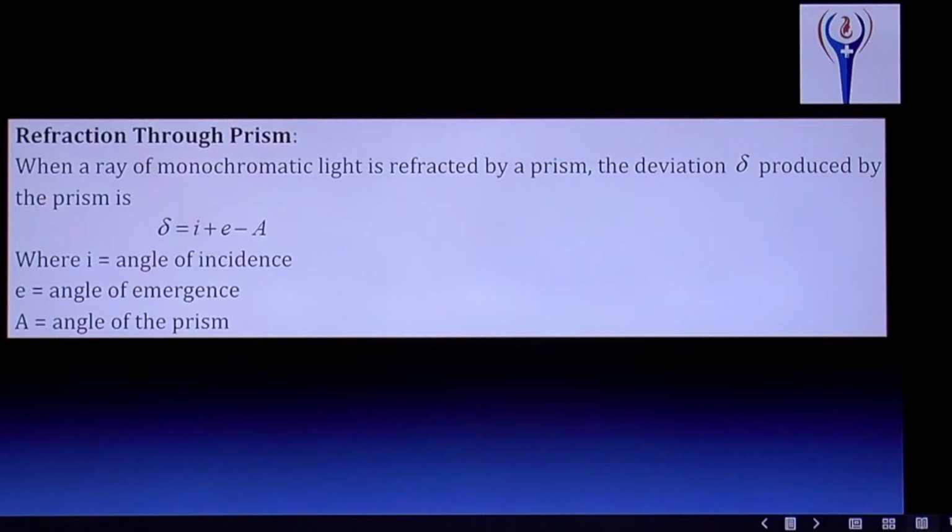So generally speaking, monochromatic means single color. In physics, color is due to wavelength. So what is monochromatic light? It means a light which has a single wavelength or definite wavelength. That is monochromatic.